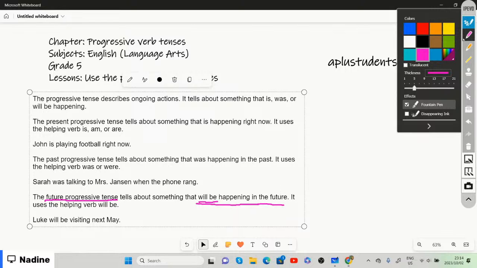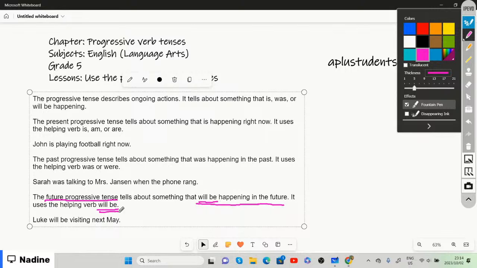It must still happen. And whenever we use the future progressive tense, we use the helping verb will be within our sentence to describe ongoing action within the future.